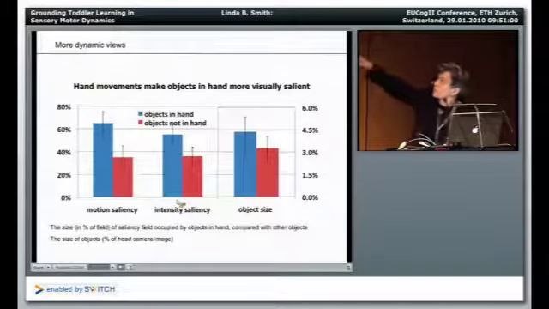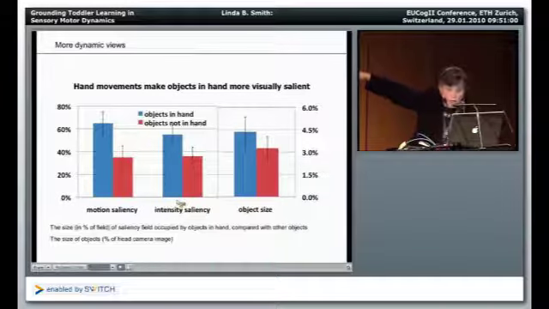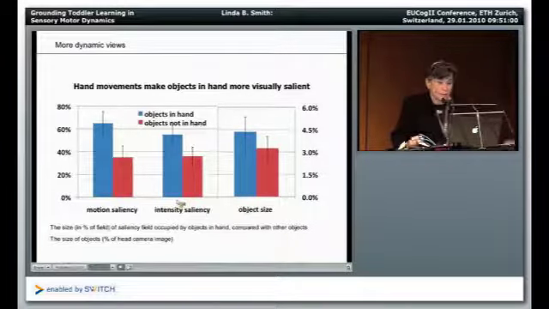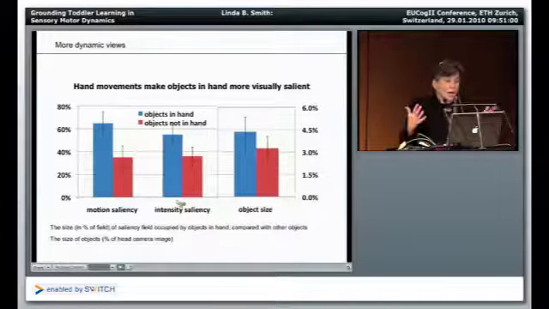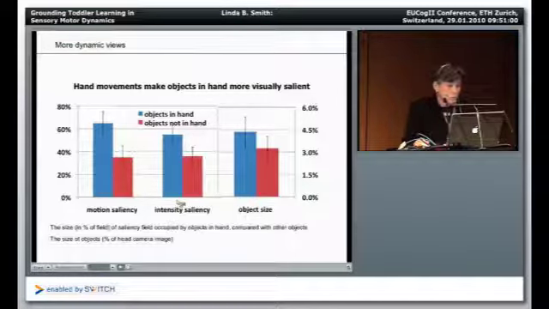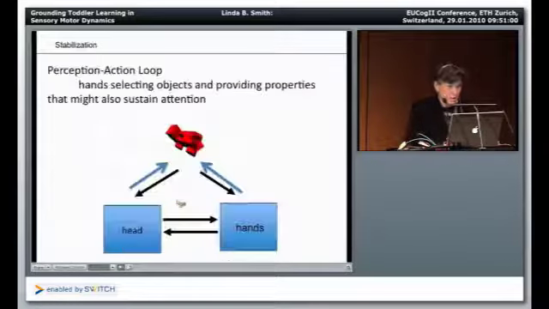And further over is the other measure that we've used, which is the size of the object in the field, in the child's hand and not in the child's hand. What you can see is that objects being held by the child are visually more salient. They're more salient in terms of their motion, in terms of their intensity, and in terms of their size in the field, okay?